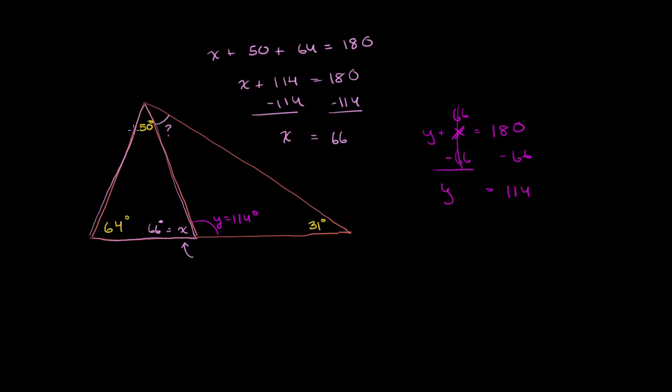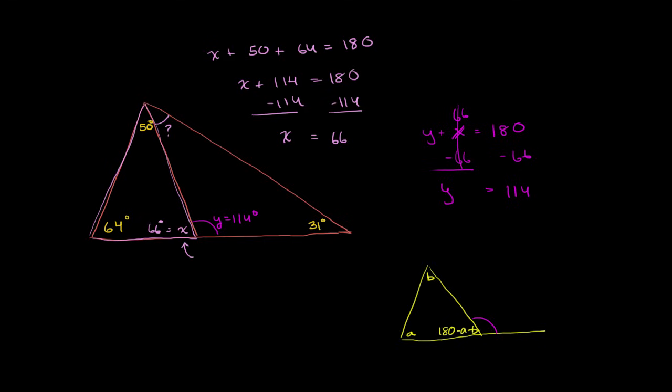And that's actually a general idea, and I'll do it on the side here just to prove it to you. Let's say that the measure of that angle is A, the measure of that angle is B. The measure of this angle we know is going to be 180 minus A minus B. That's this angle right over here. And then this angle, which is considered to be an exterior angle, so in this example, y is an exterior angle, is going to be supplementary to 180 minus a minus b.